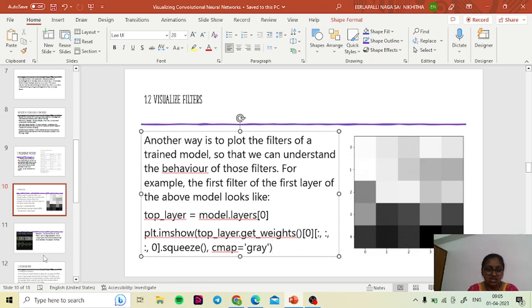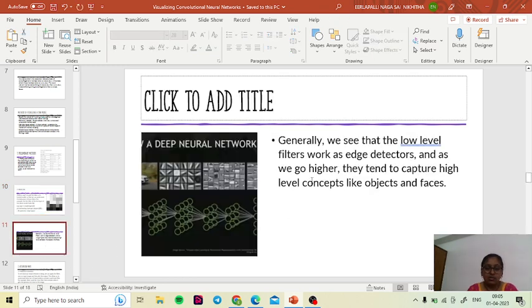It is a syntax. Generally, we can see that the low-level filters act as edge detectors, and as we go higher, we tend to capture higher-level concepts like objects and images.